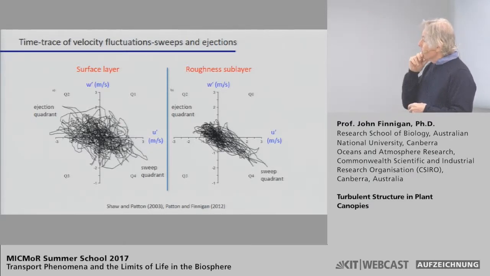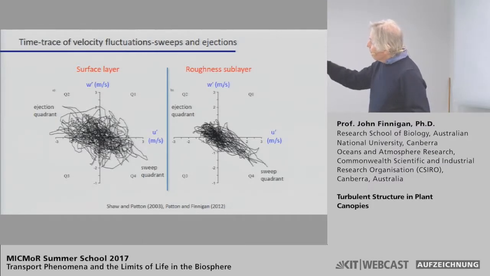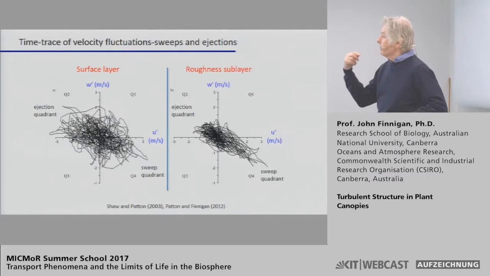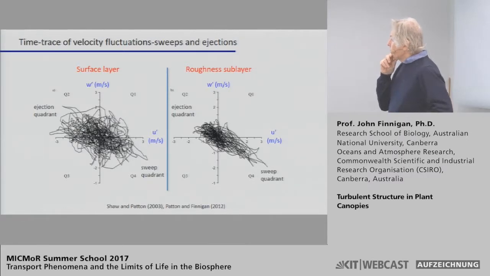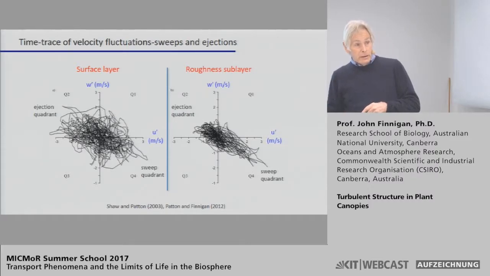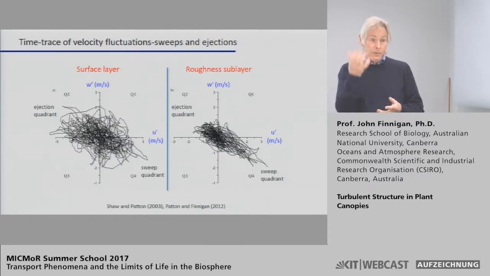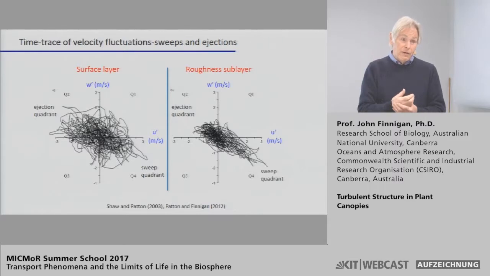Up in the surface layer, well above the canopy, we see that the probability density function is kind of an ellipse tilted on its side, so that there's more probability that when the wind speed is higher than average, the vertical velocity is down, carrying high speed fluctuations towards the ground, or when the wind speed is lower than average, the vertical velocity will be up, therefore carrying negative momentum away from the surface.